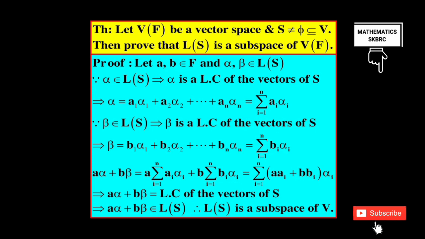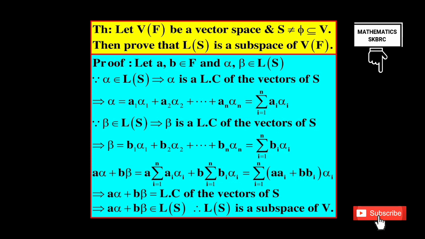Now a alpha plus b beta is equal to a into sigma i is 1 to n a_i alpha_i plus b into sigma i is 1 to n b_i alpha_i, that is equal to sigma i is 1 to n of (a a_i plus b b_i) into alpha_i, that is equal to sigma i is 1 to n c_i alpha_i, where c_i equal to a a_i plus b b_i, that is equal to c1 alpha 1 plus c2 alpha 2 plus and so on, cn alpha n.